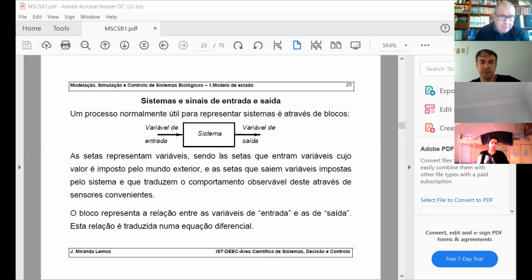So a system is somehow an operator that transforms time functions into other time functions. But we won't be exploring this for the moment. So let me give you some examples.